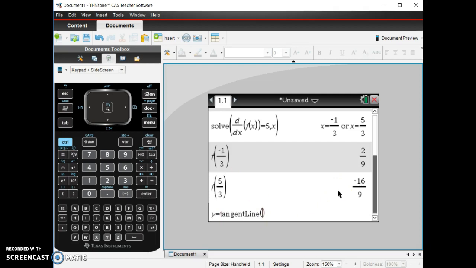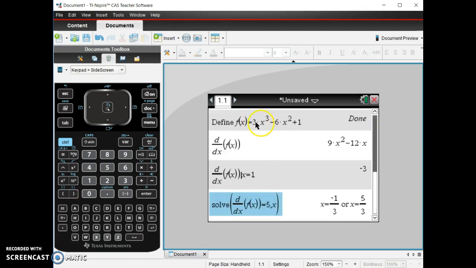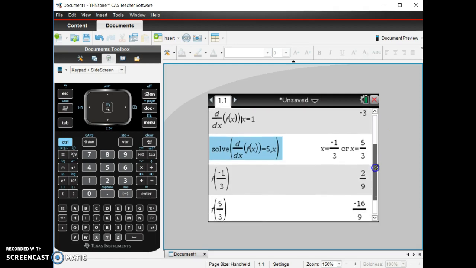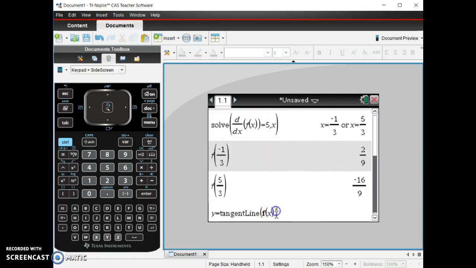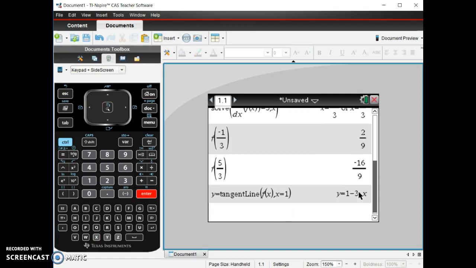Because we've defined our function, we can just type f of x. If we hadn't defined our function, you would just type in the actual function, 3x cubed minus 6x squared plus 1, but we've defined it, so we can just leave it at that. Then, to find it at a particular point, say at x equals 1, you can write comma x equals 1, and that gives us the equation of the tangent line.